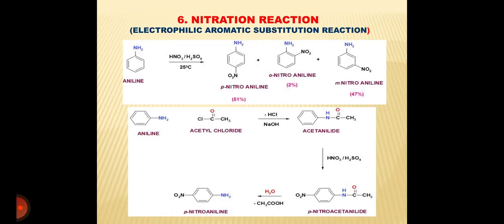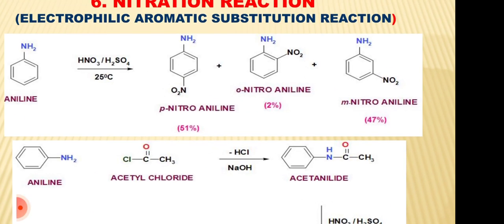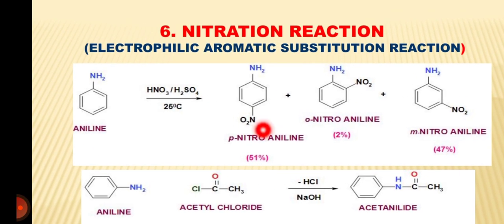The next reaction is the nitration reaction, which is the example of the electrophilic aromatic substitution reaction. That means the reaction takes place on the aromatic ring with which amino group is attached.